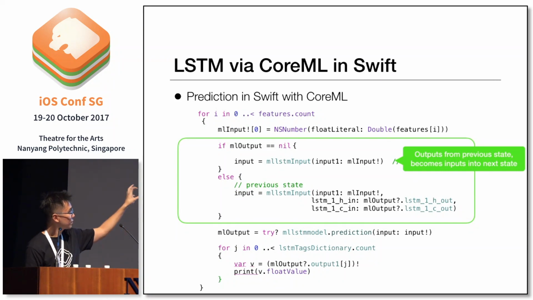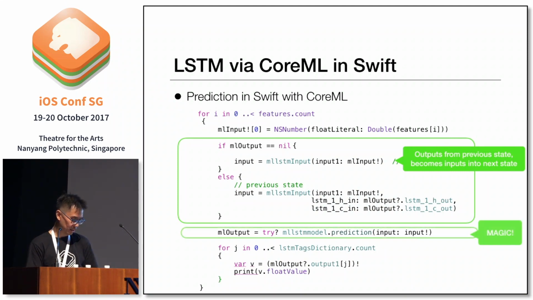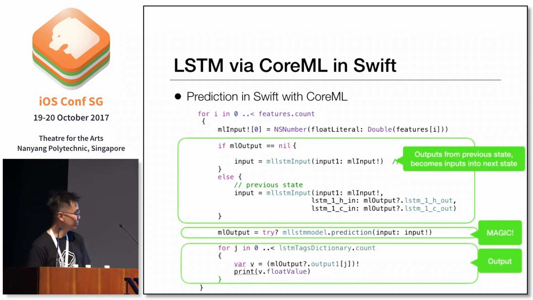As you can see, the top part says, for the very first word, I'm just going to input the word index. But for the subsequent words, I'm going to input the word index followed by the states of the previous output. Then this is where the magic happens. And finally, we collect our results. Again, the one with the greatest probability is the one with the recognized tag and intent.